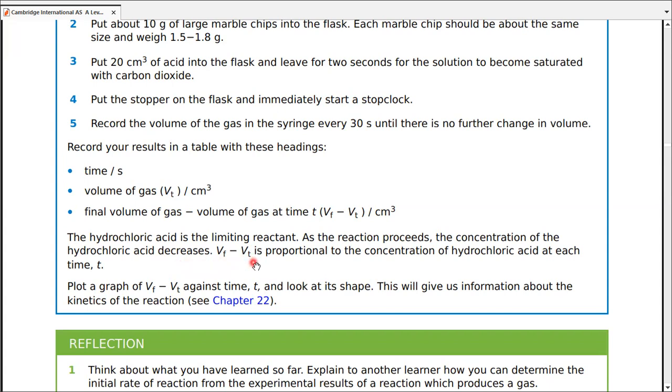Vf minus Vt, which is also given over here, right? Vt is the volume of gas at any time. Vf is the final volume of gas. It's proportional to the concentration of hydrochloric acid at each time, right? So plot a graph of Vf minus Vt against time t. Look at its shape. This will give us information about the kinetics of the reaction.